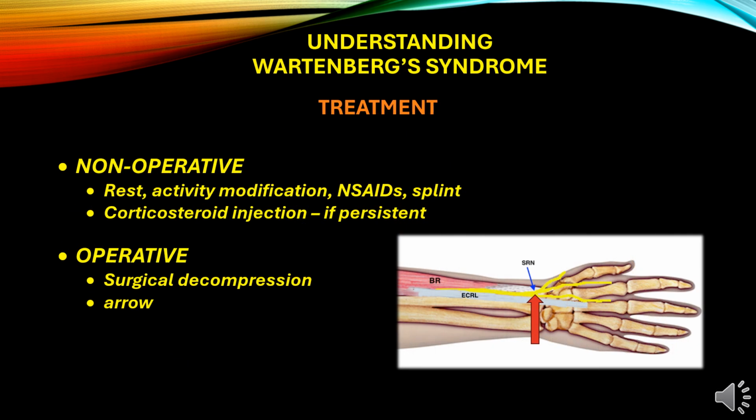Moving on to treatment, non-operatively, patients will respond well to conservative treatments such as rest, activity modifications, NSAIDs, wrist splints, and corticosteroid injections for persistent symptoms. Operatively, surgical decompression of the superficial radial nerve is pretty much reserved just for the refractory or persistent cases.